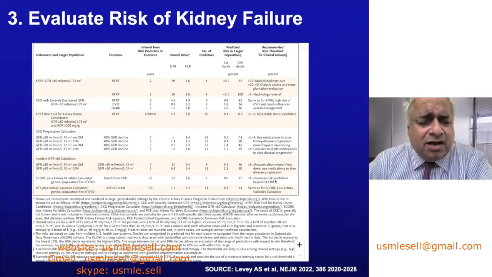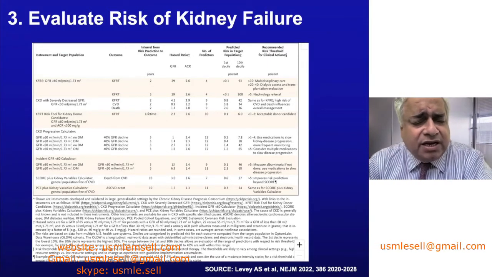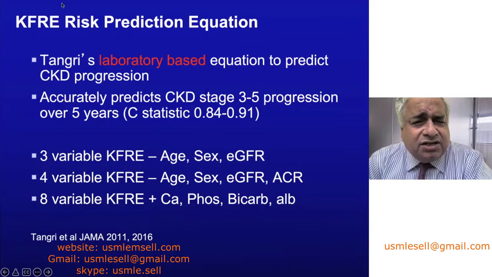Well, we have a similar set of equations in patients with kidney disease. My favorite is the KFRE risk prediction equation. It was developed by Navdeep Tangri. It's a laboratory-based equation to predict kidney progression, and it accurately predicts CKD stage 3 to 5 progression over 5 years.